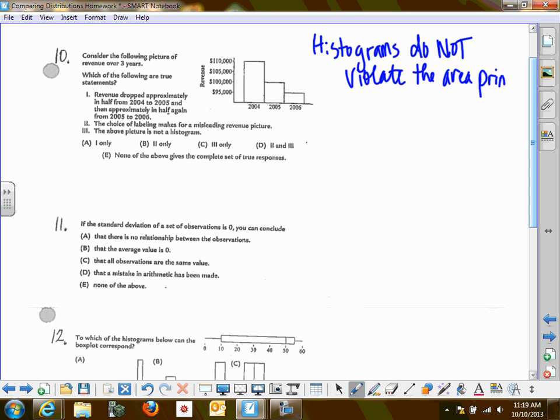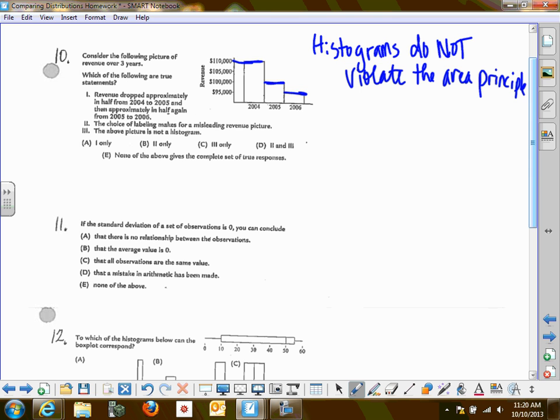If it looks like half, then it is half. The size of the histogram bar has to be related to how much frequency there is. Looking at 2004, 2005, and 2006, is it true that the revenue dropped in half from 2004 to 2005, and then in half again to 2006? The bar looks that way, but that's not what's going on.